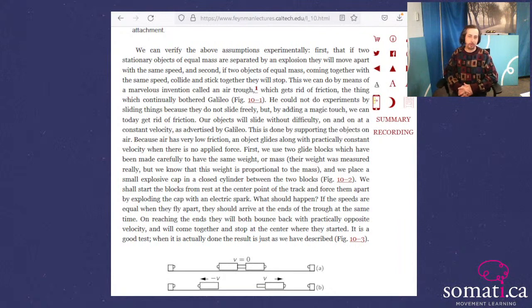First, if two stationary objects of equal mass are separated by an explosion, they will move apart with the same speed. And if two objects of equal mass coming together with the same speed collide and stick, they will stop. So you can work with the air trough, which eliminates much friction.